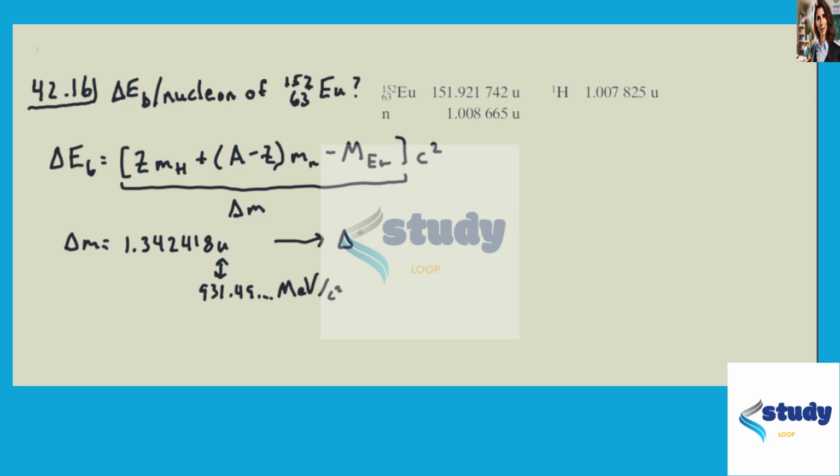So then the binding energy in mega electron volts is 1250.454 mega electron volts, not milli electron volts.